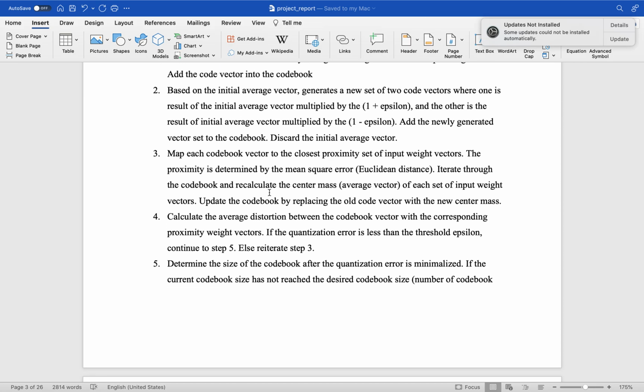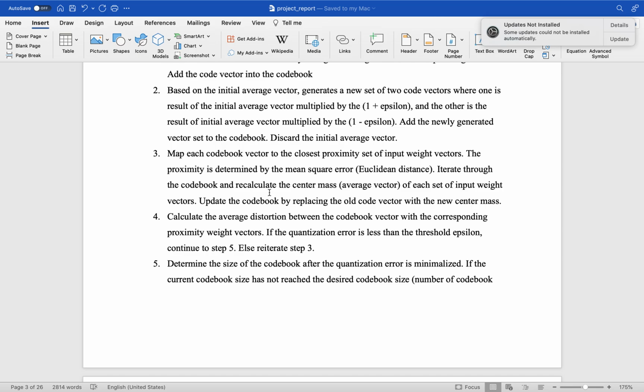In the next step, step 3, we will map each of the codebook vectors generated above to the closest proximity set of input weight vectors. The distance is determined by the mean square error, which is a Euclidean distance. The codebook is iterated over, and a new center mass is recalculated for each vector. The codebook will be updated by replacing the old code vectors from step 2 with the new center mass.